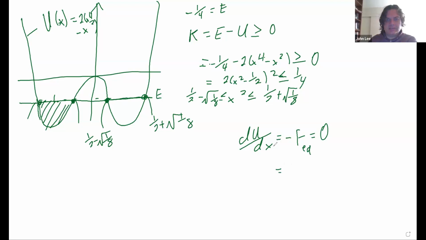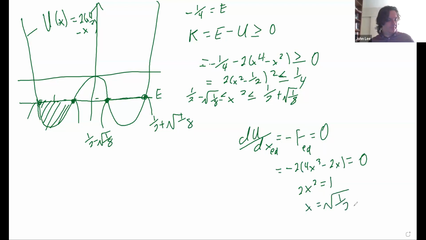So du/dx at equilibrium is equal to negative 2 times 4x cubed minus 2 times x, which is equal to 0. So 2x squared is equal to x, or 2x squared is equal to 1. x is equal to the square root of 1 over 2.